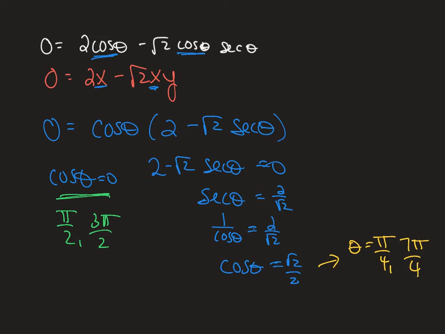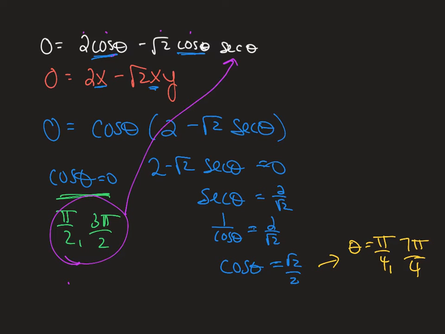Now, here's the deal. Remember in the second video, or actually I think in the first video, I told you should be checking all of these. So here's the thing. When you check these two answers right here, you plug them back into the original equation. So you'd have 2 times cosine of theta would be 0 there, minus radical 2 times 0 there.